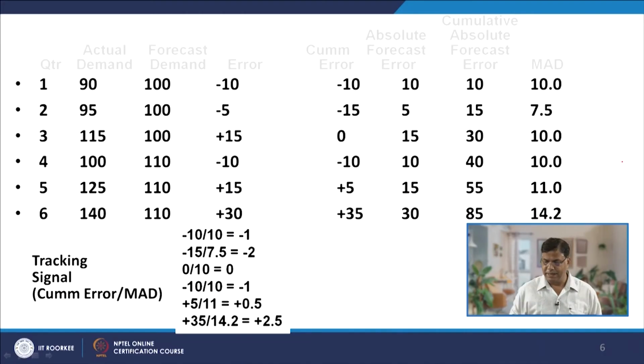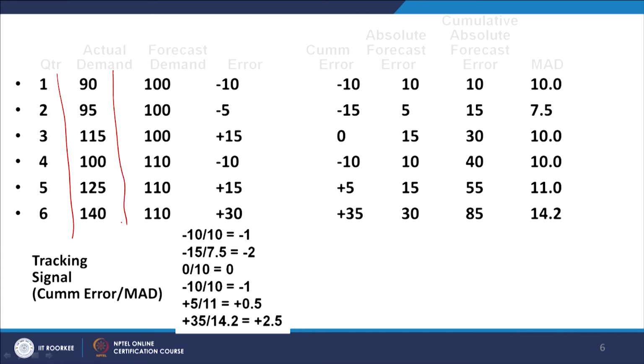There is one more example related with the tracking signals that I can take up. Say for different quarters there are different actual demand values, and the corresponding forecast is 100. Based on the actual demand and forecast we have got the errors, like 90 minus 100 is minus 10, 95 minus 100 is minus 5, like that.